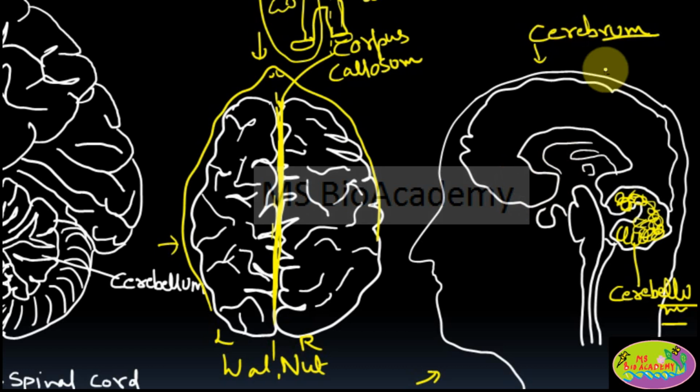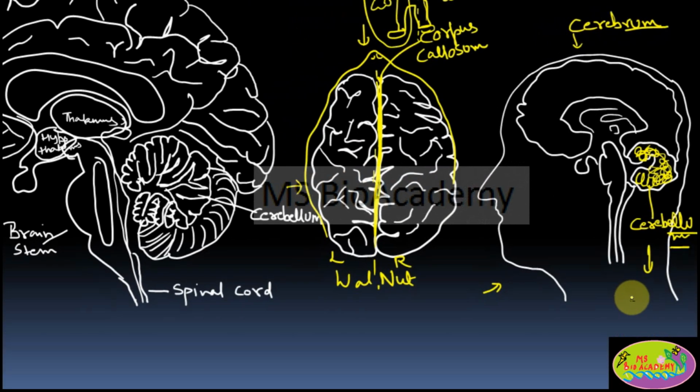Now, the cerebrum is the largest part of the brain, and the cerebellum is the smallest. It is present just below the cerebrum, at the back of your head, but it is still very important in performing different functions. It helps us in standing and balancing on the floor.